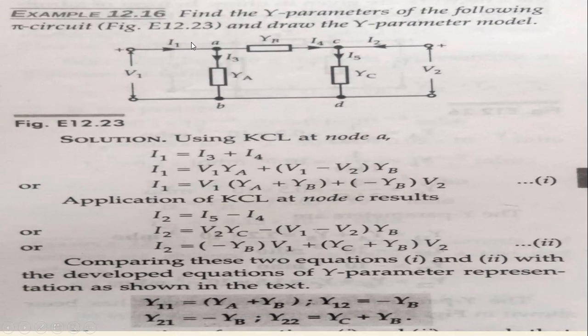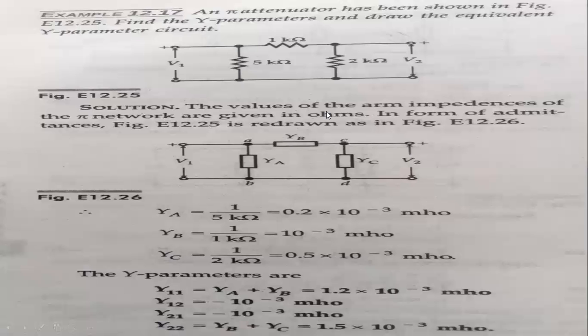Y11 is nothing but YA and YB. Y22 is nothing but YB and YC. And what is the middle? In both cases, if you observe, YB is the middle, for 1,2 as well as for 2,1. So in this way, you can write the expression for all.